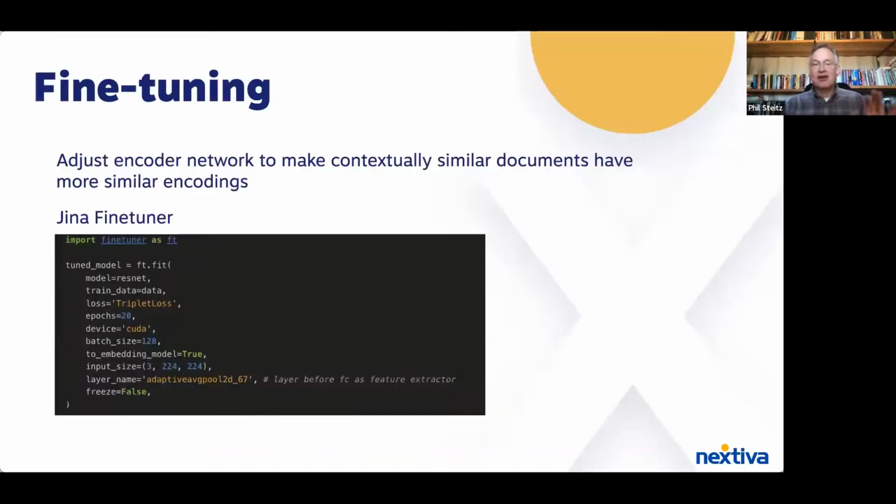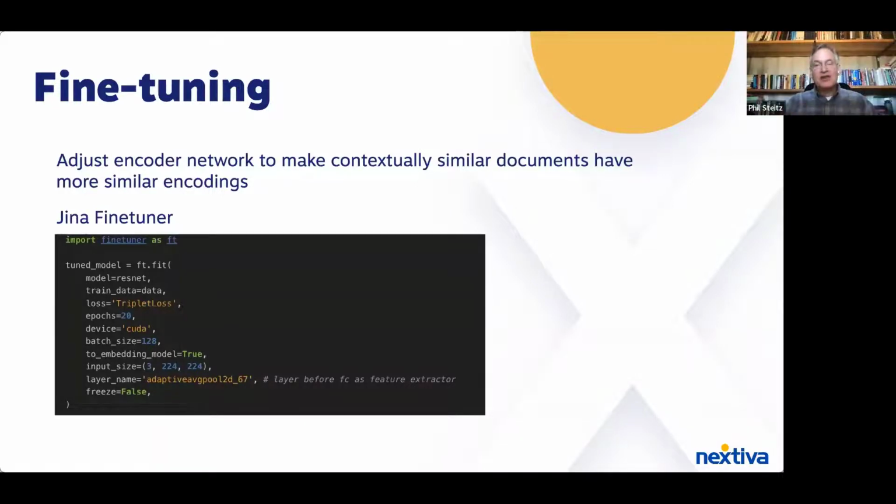So the last concept I want to really get through is the notion of fine tuning. What I just showed you is exactly what I advertised at the beginning. It's just applying BERT encodings, applying cosine distance, and finding the ones that have the lowest cosine distance from the query that I typed in.